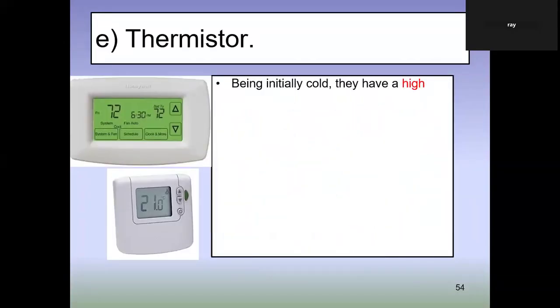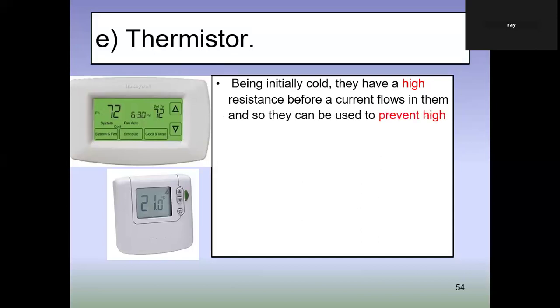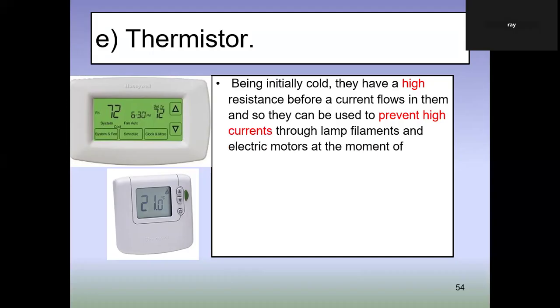Being initially cold, before current flows in them, thermistors have high resistance. And so they can be used to prevent high current through a lamp filament and electric motor at the moment of switching on. So to protect your filament lamp and your electric motor, because when it's cold, it's high resistance, so little current will flow.